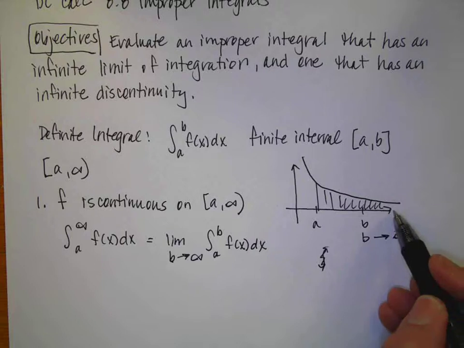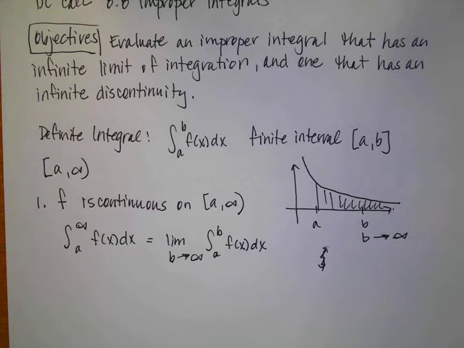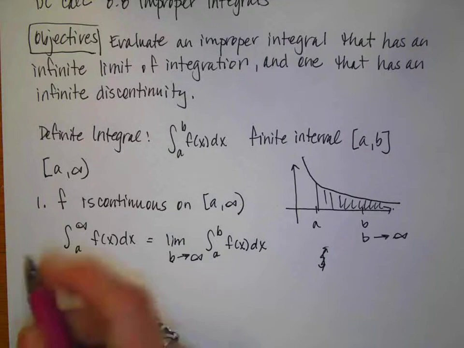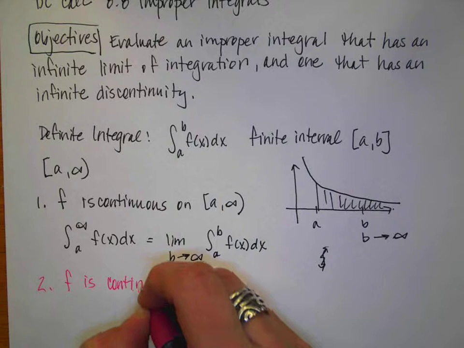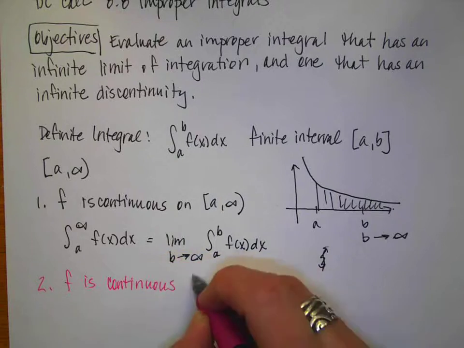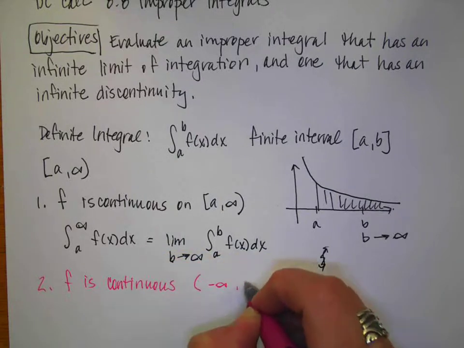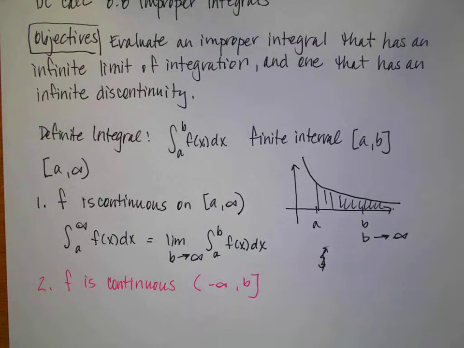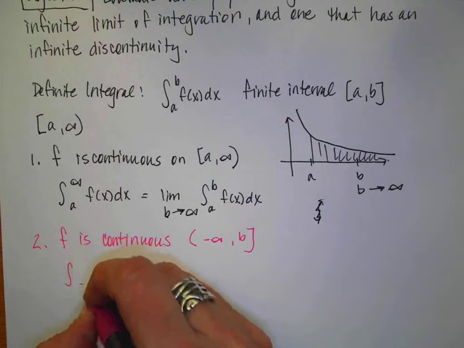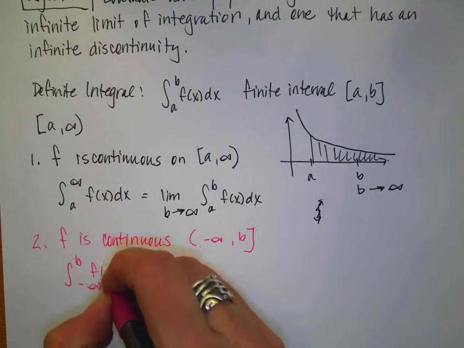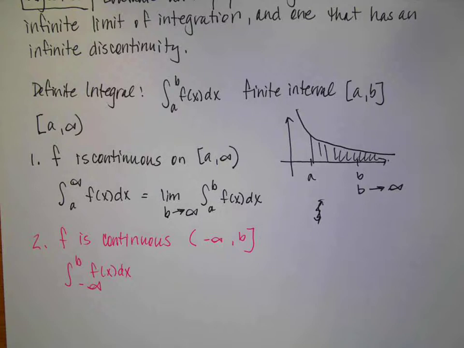So I can work around having a function that's going to continue and having an area under the curve that also continues on to infinity. Okie dokie. So the second one is going to say f is continuous, but this time our interval is going to be from negative infinity to b, and so my integral might look like the integral from negative infinity to b of f of x dx.